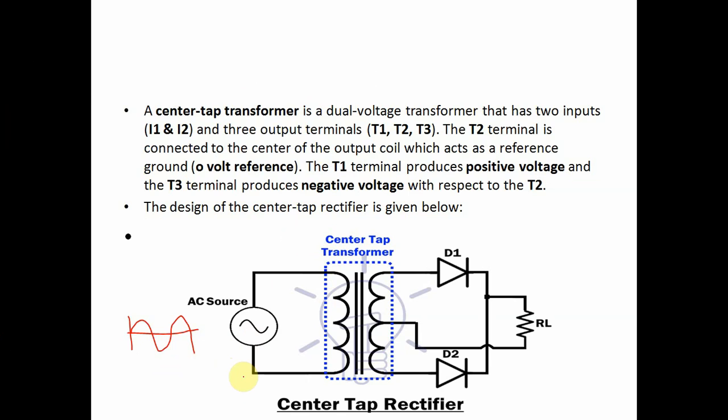The circuit diagram of the center tap rectifier is as shown in the figure. It basically consists of a center tap transformer, two diodes and load resistance RL.